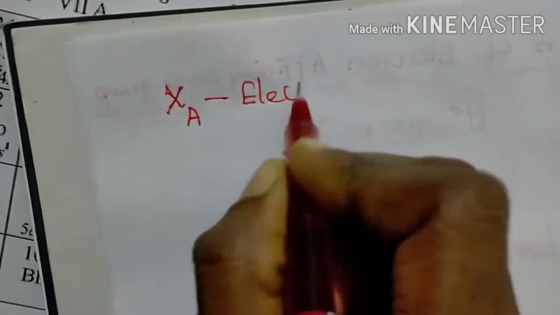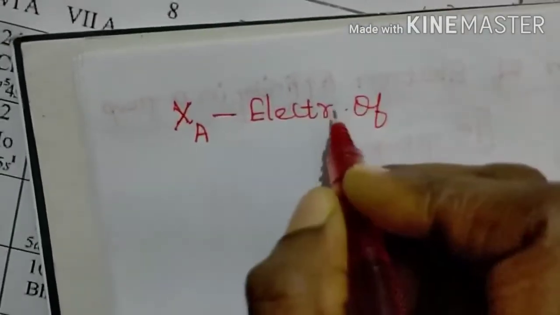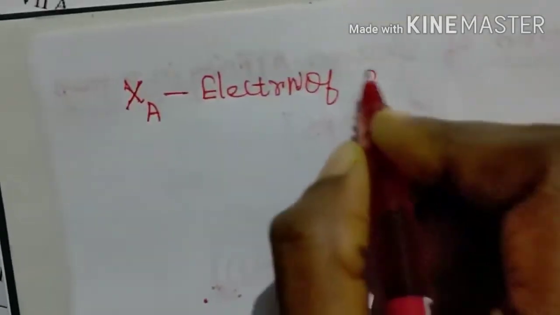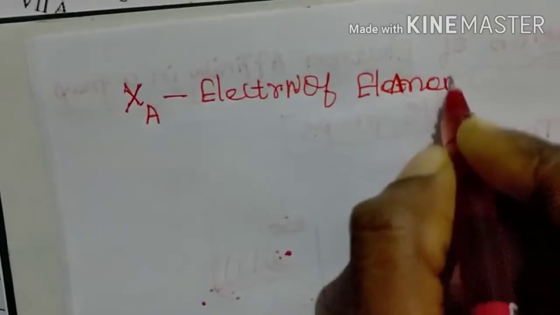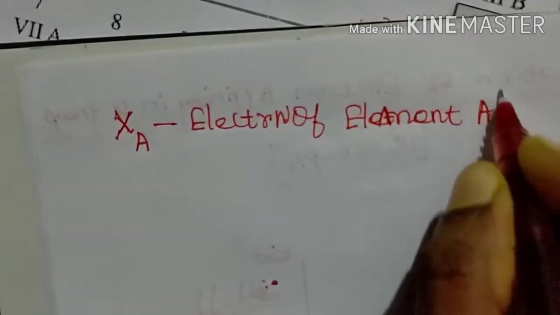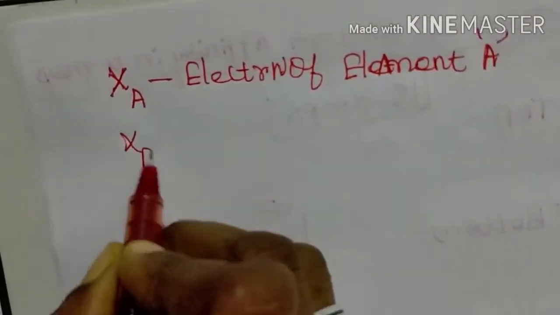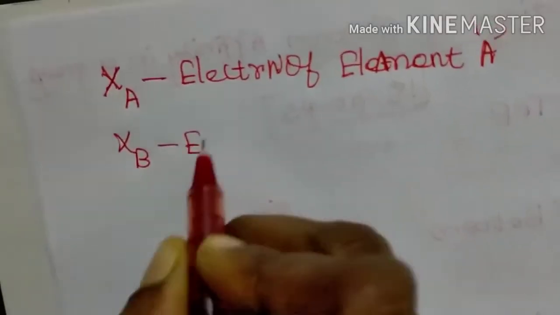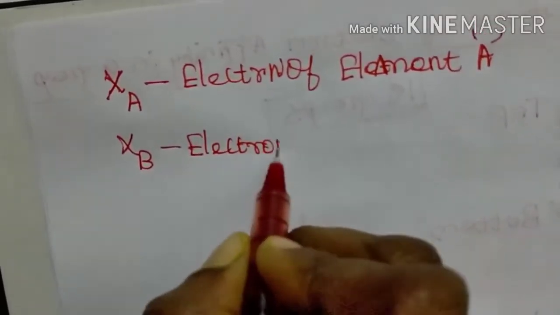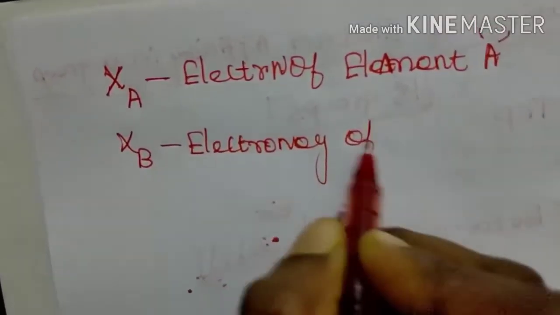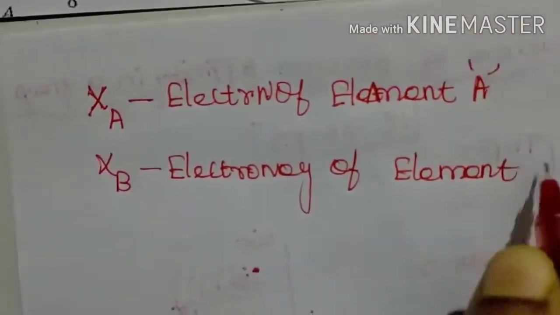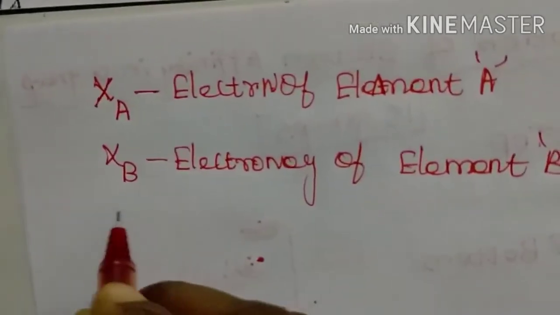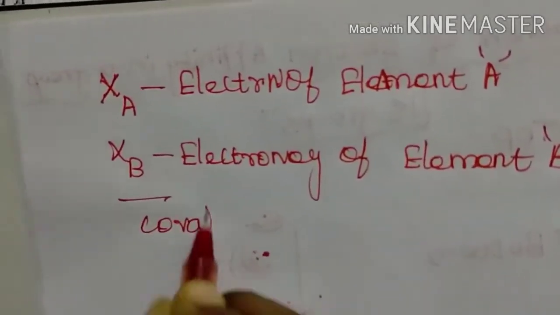XA is the electronegativity of element A, and XB is the electronegativity of element B. Both are in a covalent bond.